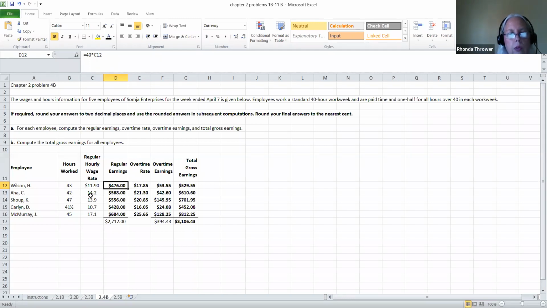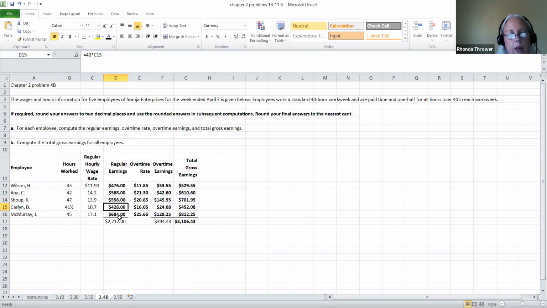So 40 times $14.20 will give you regular earnings of this. 40 times $13.90 will give you regular earnings of this. 40 times $10.70 will give you total regular earnings of this.